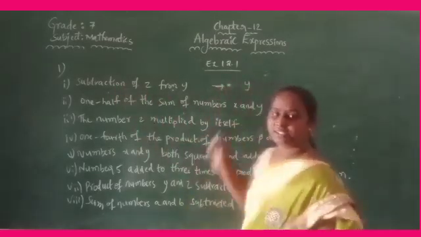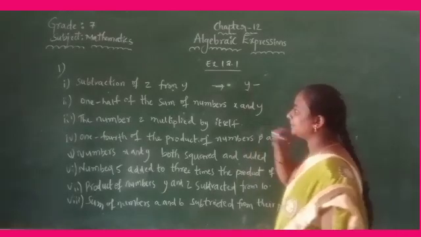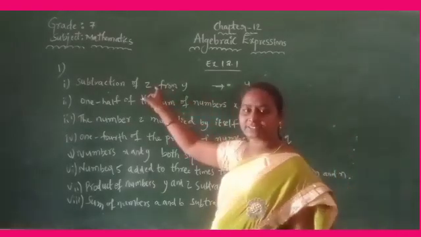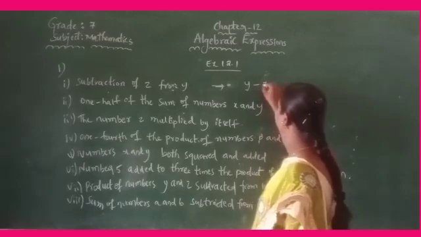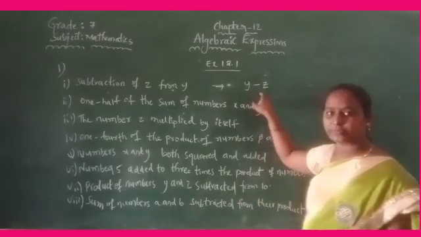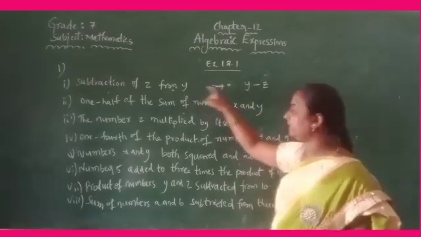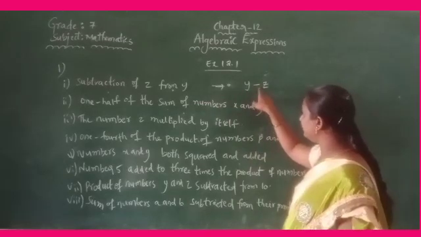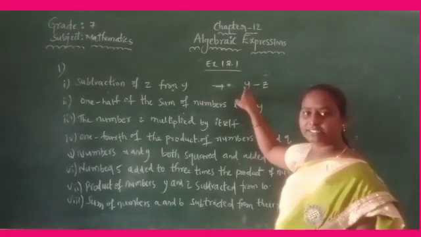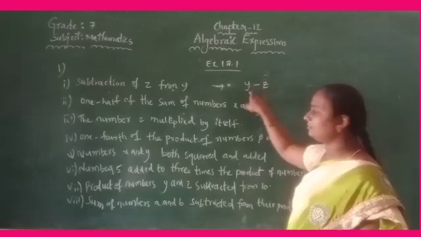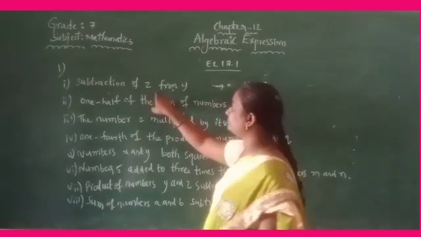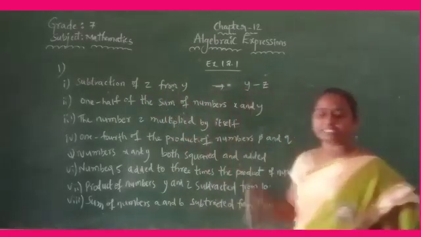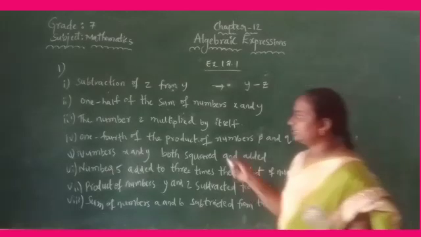Subtraction symbol minus. Which one is going to be subtracted here? Z. So y minus z. So using this expression, how to show the statement? Subtraction of z from y, that is y minus z, right?